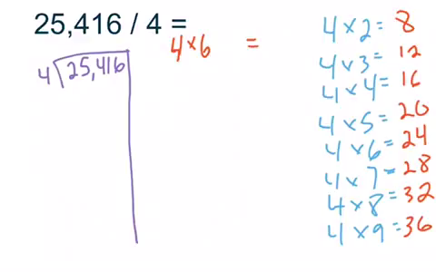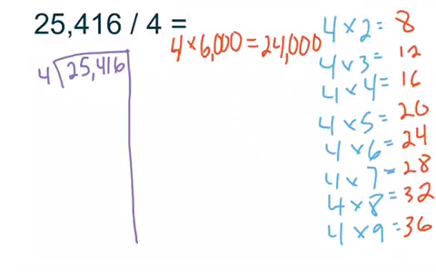Well, in 24, there are going to be 1, 2, 3 zeros, which means I need to multiply 4 not by 6, but by 6,000. 4 times 6 gives me 24, with 1, 2, 3 zeros, 24,000.